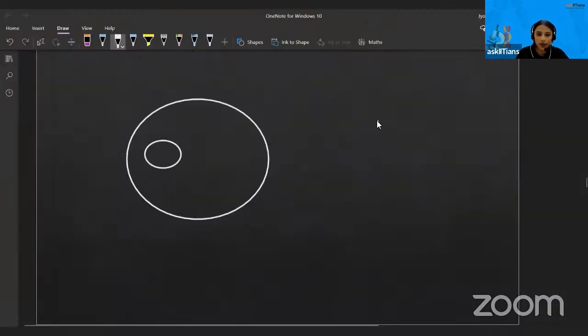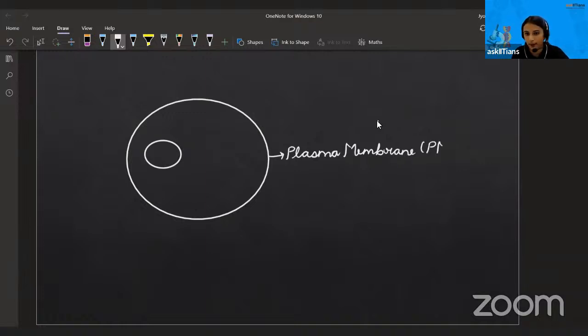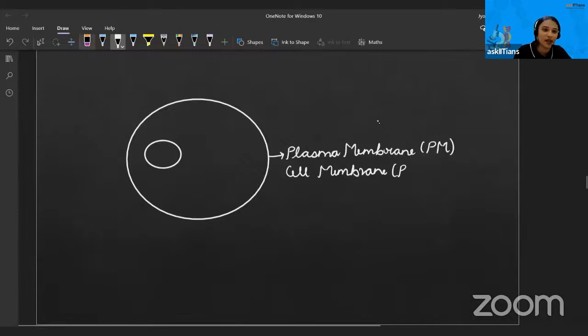Yes. So here you can see this outer covering of the cell. What do we call this outer covering? As a plasma membrane. Okay. And this plasma membrane we call PM, and sometimes we call it a cell membrane also. PM and CM. Okay. But it is not your prime minister and chief minister. It's a part of your cell.